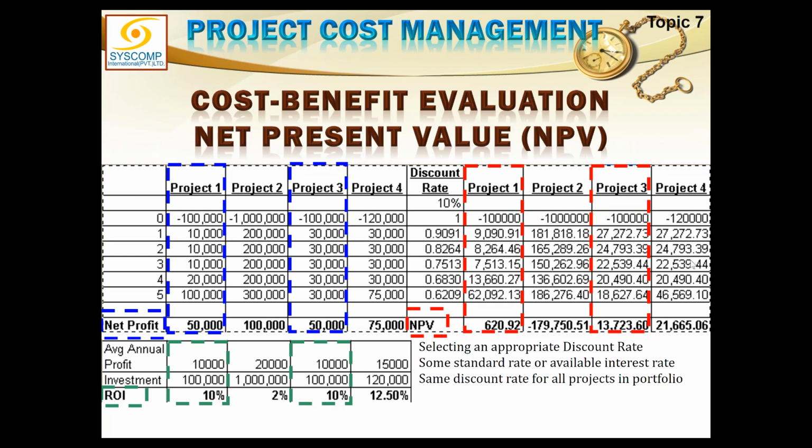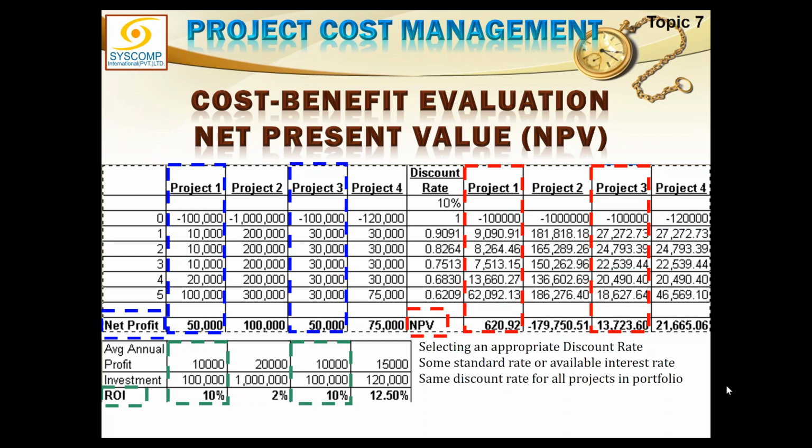This is the first time it is apparently shown that project 3 is much better than project 1 because its net present value is much more than project 1. Right. So this is the NPV.